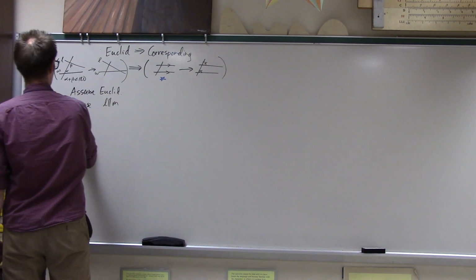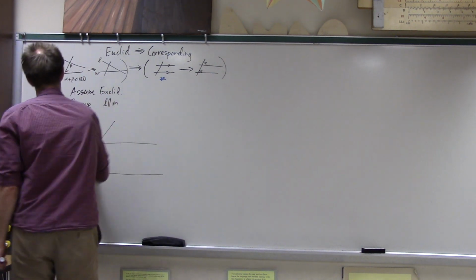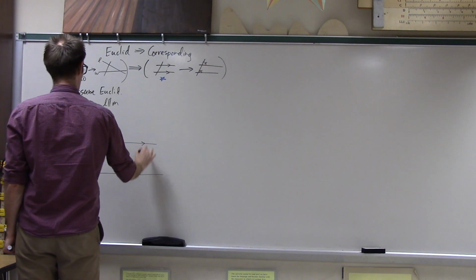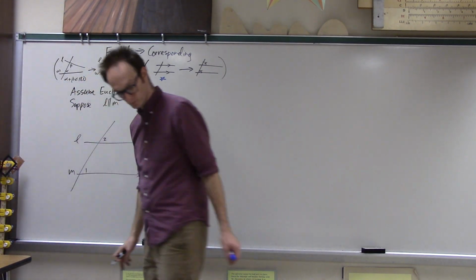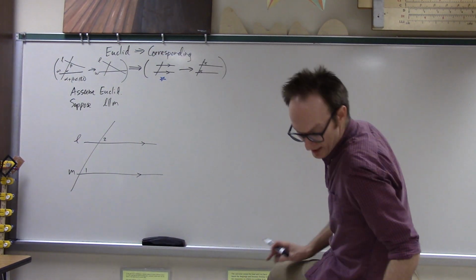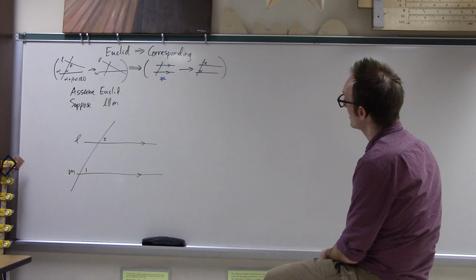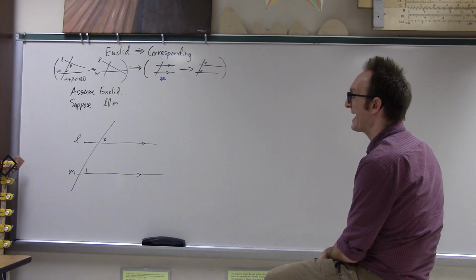Now I will make a big picture of this. So here we go, L, M, and these lines are parallel, and I want to prove that 1 equals 2. Okay, how can we do this? Somehow I have to show that these angles are equal.